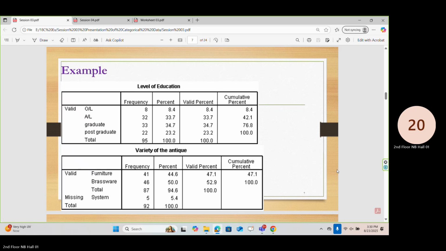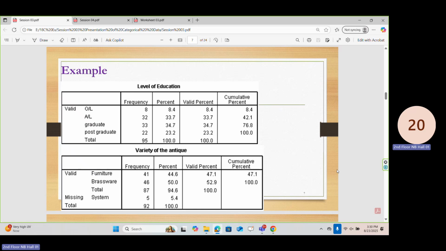Then the next two columns give the percentage values: the percentage and the valid percentage. Two percentage values are there because they normally collect the data using the questionnaire method, which we most often use to collect primary data. Assume we distribute the questionnaire to 50 respondents, but only receive 45.